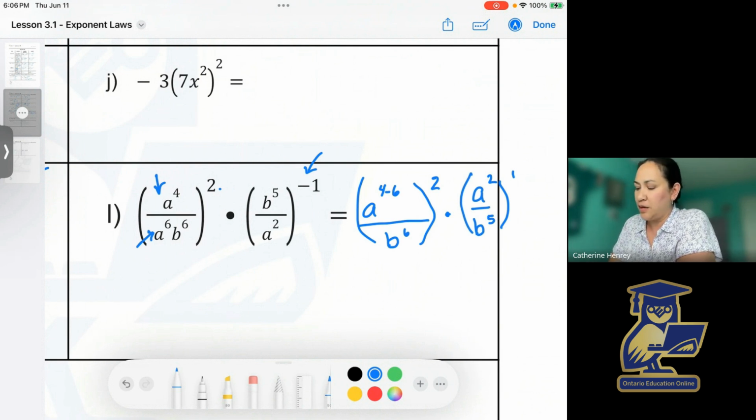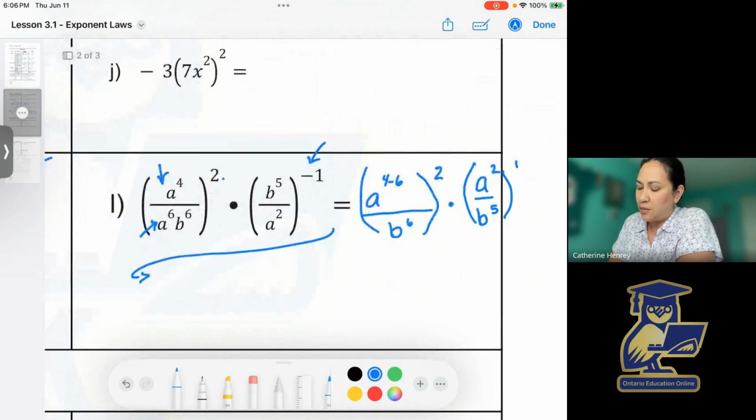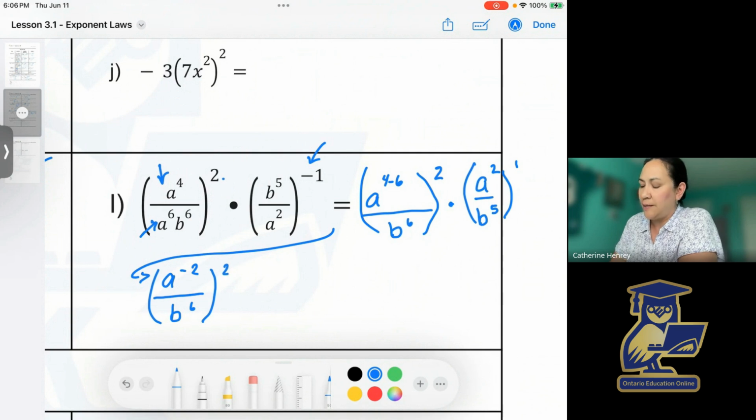So let's go over here and see if I can make use of all this space. So this is going to be a to the power of negative 2 divided by b to the power of 6. We still haven't done power of a power, and that has a 2 on the outside. And then we did simplify the second bracket already, so there's nothing further to do there at this point.